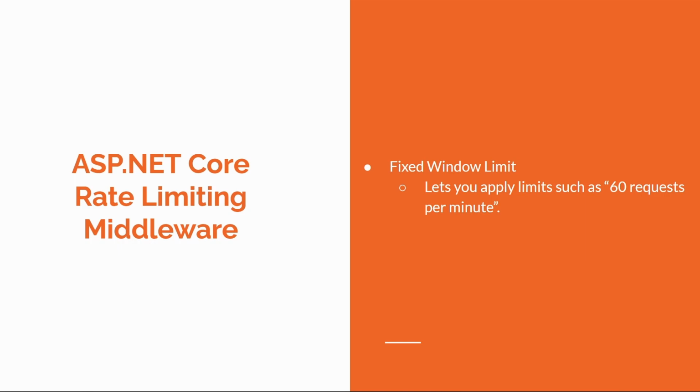What it means is that the web API or the web application will only service 60 requests per minute, and the rest will get an error or they will wait in the queue. So we'll look at the code and see how we can implement fixed window limit.